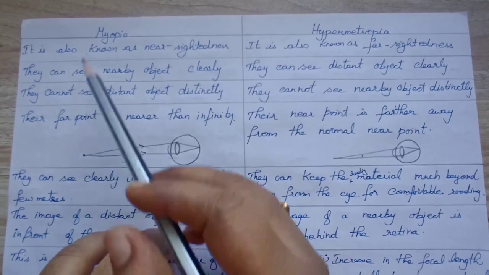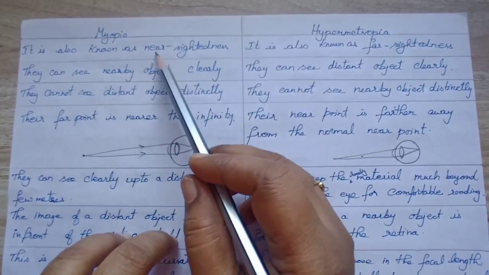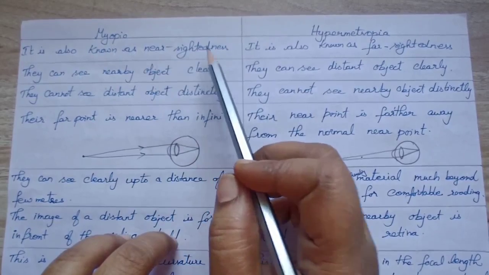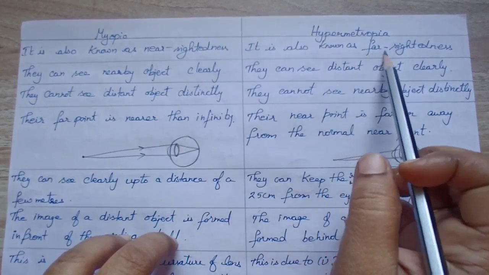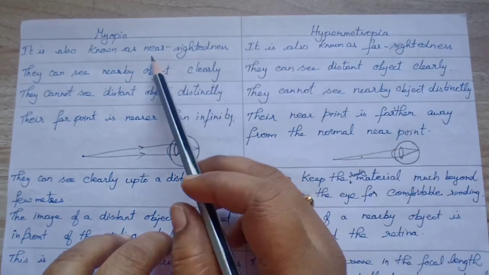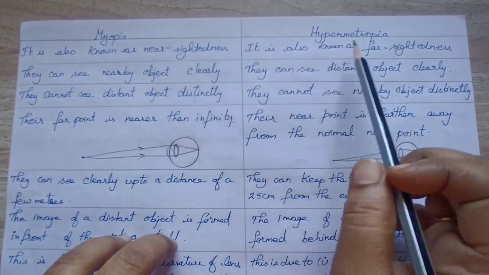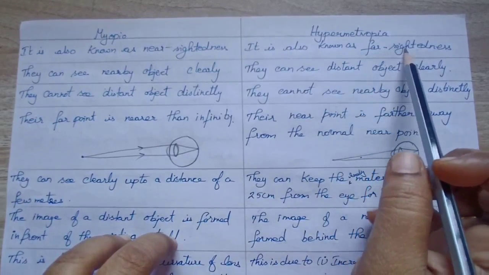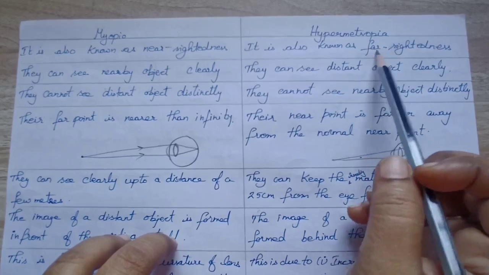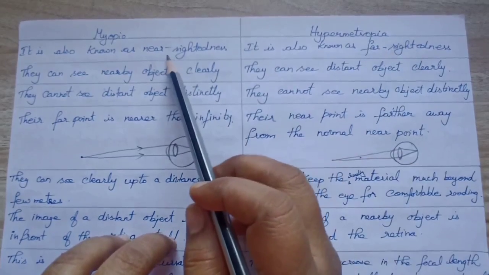Myopia is also known as nearsightedness. Hypermetropia is also known as farsightedness. In myopia they are able to see only the nearby things. In hypermetropia they are able to see only the far away things. That's why they are called nearsightedness and farsightedness.